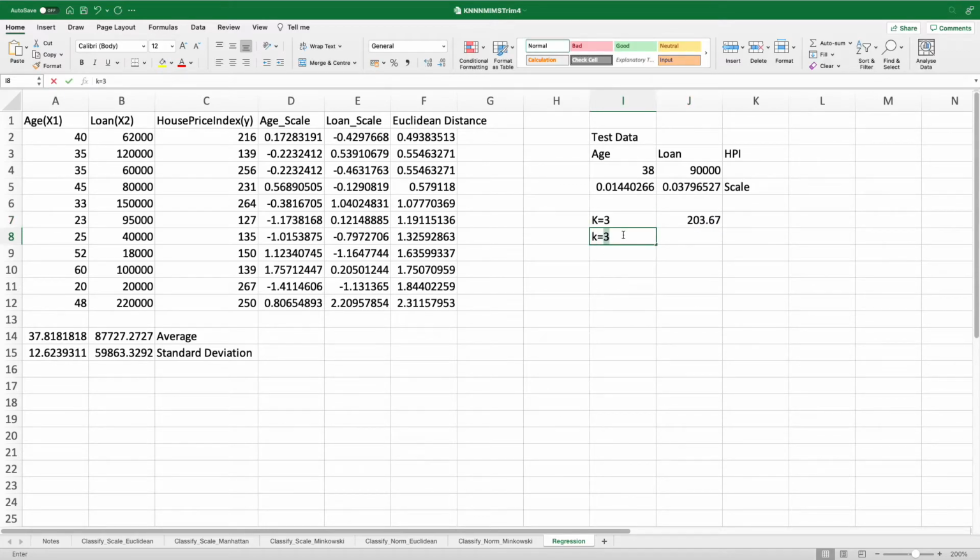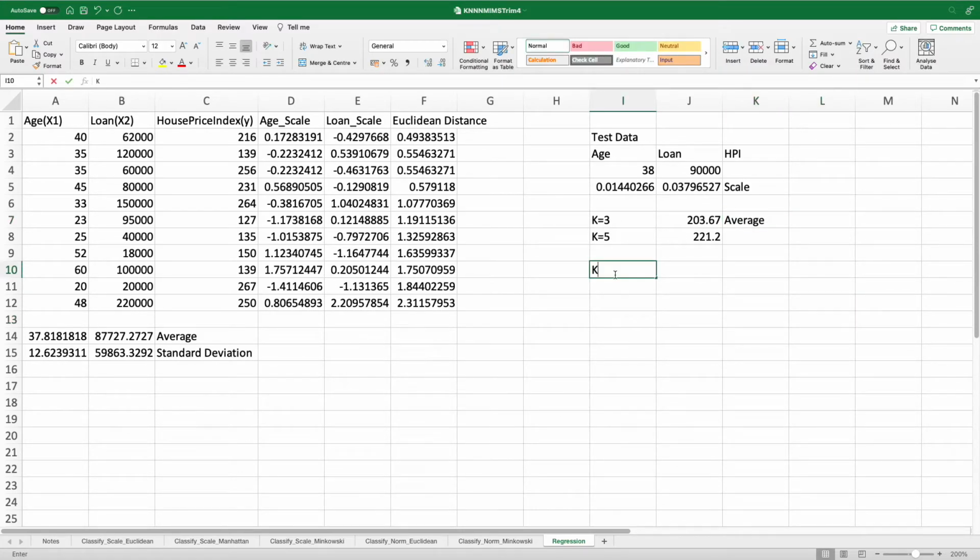If k is equal to 5, the average is 1, 2, 3, 4, 5: 221.2. Using average.